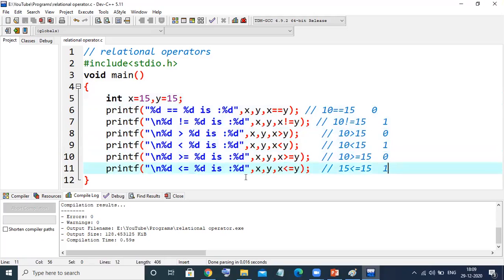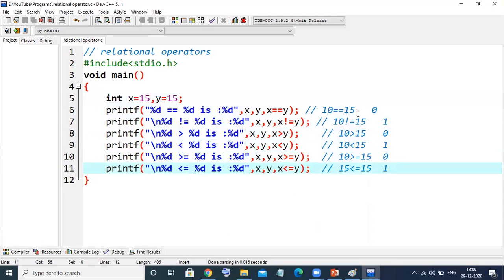So relational operators are used to check the relationship between two operands, whether it is equal to, not equal to, greater than, less than, greater than or equal to, or less than or equal to. And mostly these relational operators are used in control statements, either selection statements using if else or looping structures.